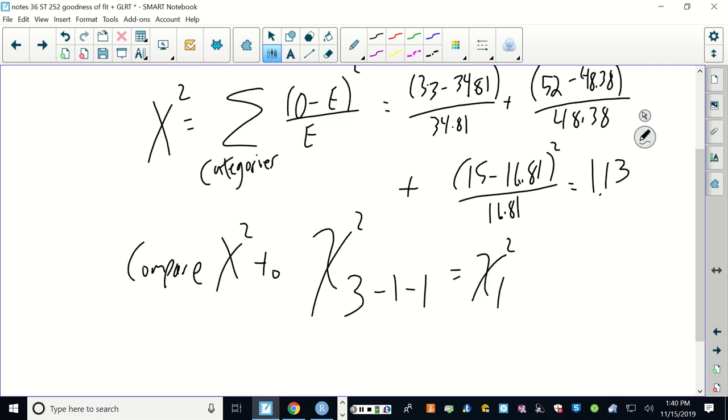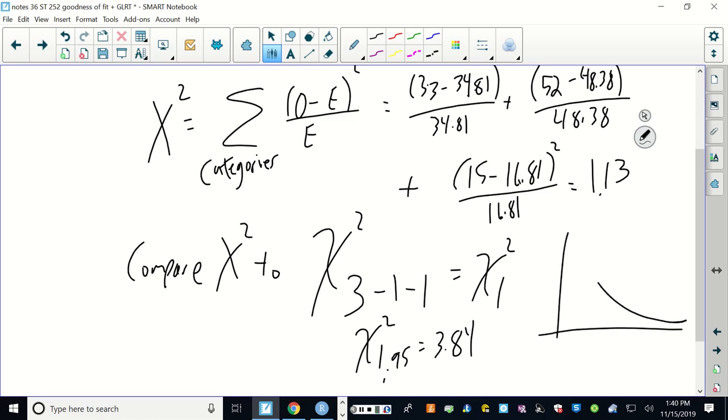And the 95th percentile of a chi-square 1 is 3.84. And so this number is not past that. The chi-square 1 kind of looks like this, and our x-squared statistic should have that distribution. Our critical value for rejecting the null hypothesis is we have to be out here past 3.84.